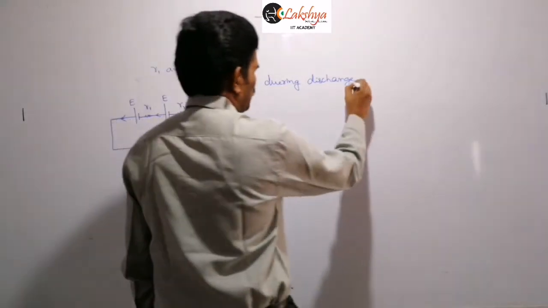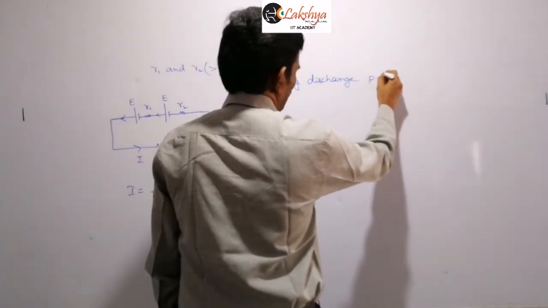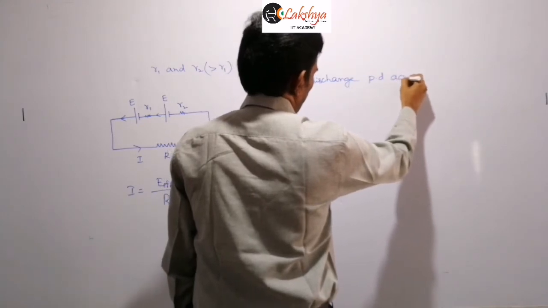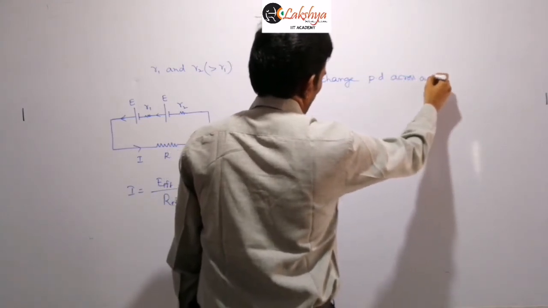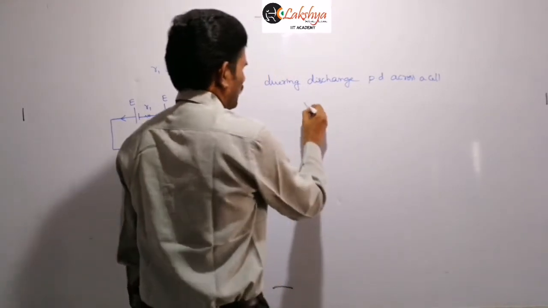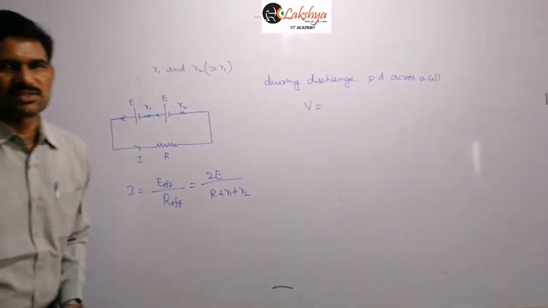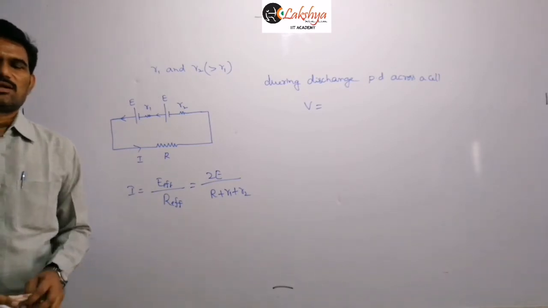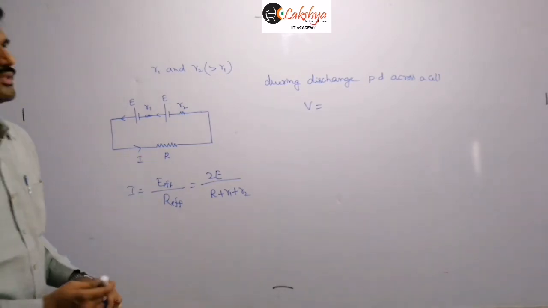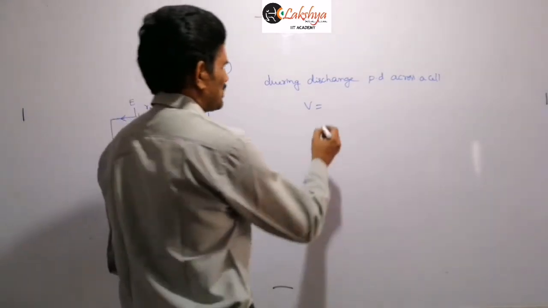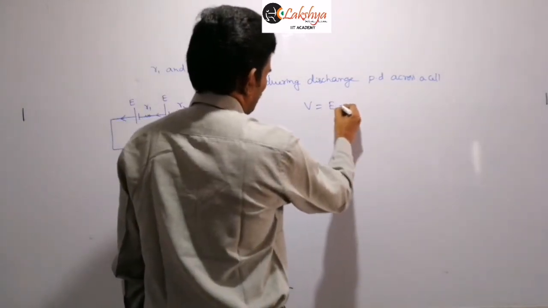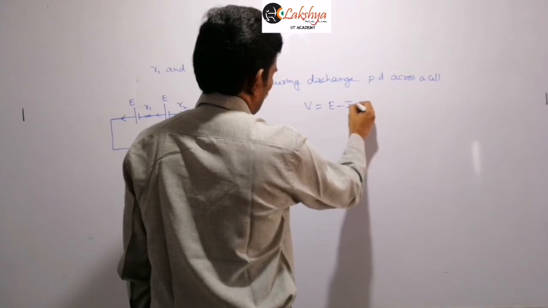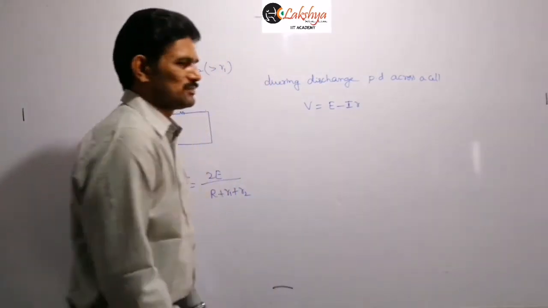So during discharge, what is the formula for the potential difference across a cell? We named it already as terminal voltage. We discussed terminal voltage already when discussing the EMF of cells. When a cell is discharging, the terminal voltage will be equal to E minus Ir.